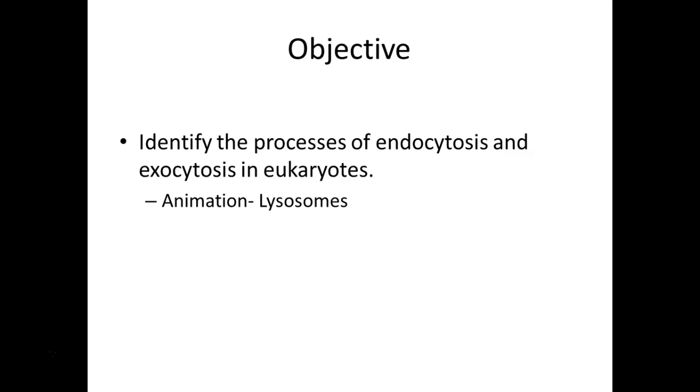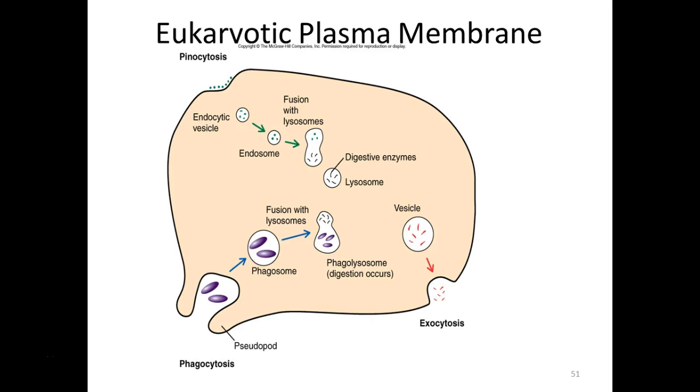So endocytosis and exocytosis in eukaryotes. Lysosomes play a major role in this, so that animation that goes over lysosomes is a good one to watch. Lots of eukaryotic organisms have this ability of doing endocytosis, and they even have specialized forms of endocytosis. For instance, phagocytosis, when you take in large molecules, like for instance, we have specialized white blood cells we call phagocytes.